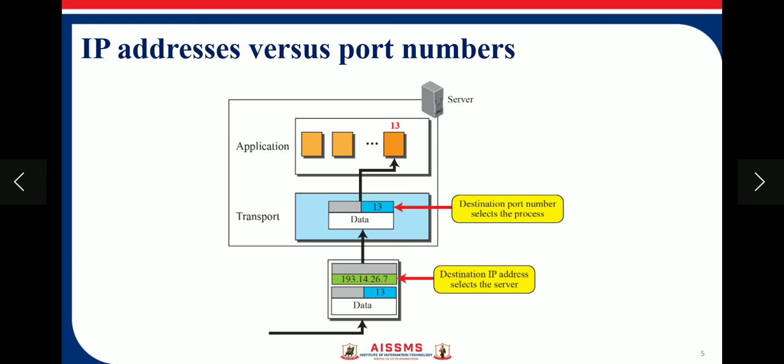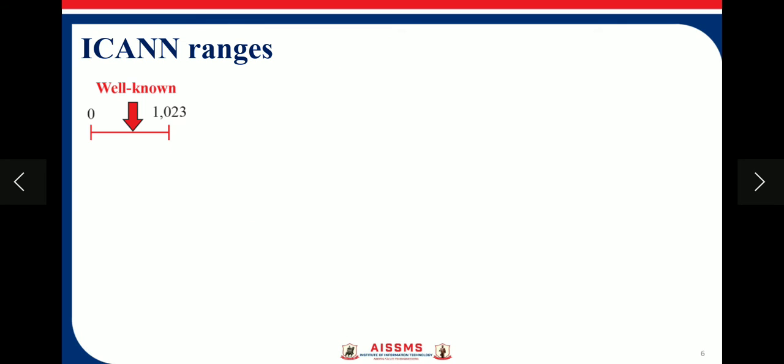ICANN has divided the port numbers into three ranges: well-known, registered, and dynamic, as shown in the diagram. The well-known ports, from 0 to 1023, are assigned and controlled by ICANN.